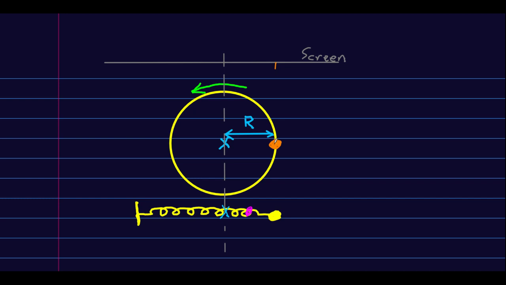If you try this with some other motion, like matching a circular motion with an object bouncing back and forth between two walls at constant speed, if you match the periods and the distance between the walls and the radius and so on, then they'll be in the same place at the ends of the motion, but they won't stay lined up through the whole motion. So this is something that's very special about the relationship between circular motion and simple oscillatory motion, and we're going to be able to use it to show some things about simple harmonic motion.